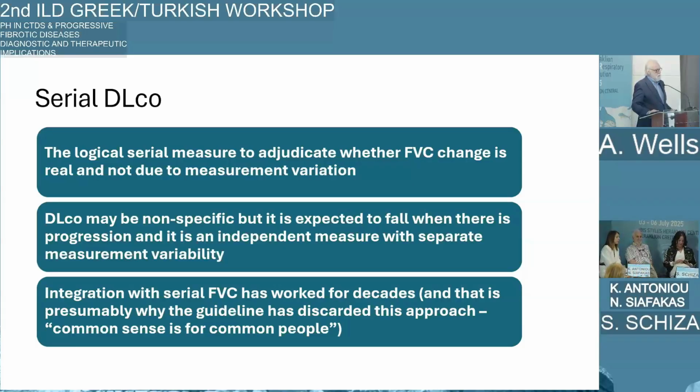And so, if you are in doubt, it is valuable to have a second measure made independently with its own independent measurement variation, and it helps immeasurably to be confident that decline is real. That's how we've used it for decades, and that's presumably why the guideline group discarded this approach. Common sense is for common people, but actually this is how it tends to be used.